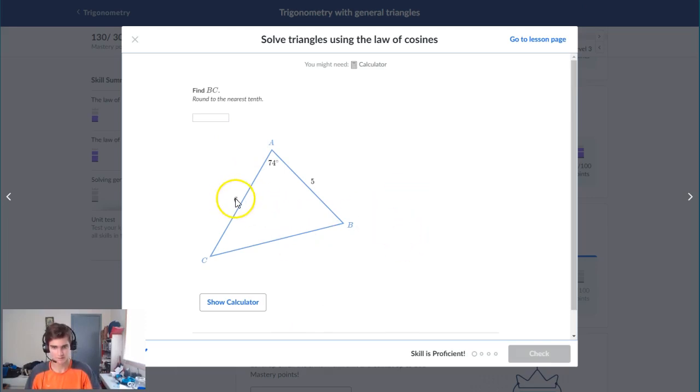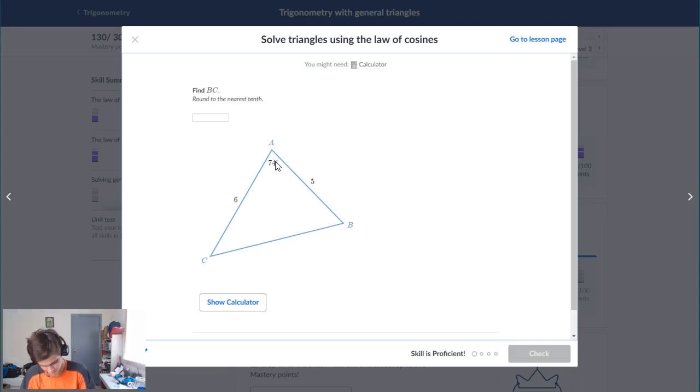So we have a squared and b squared, and now we just have to find this side, BC. So we know that the angle is 74, so we can fill in cosine 74 degrees.